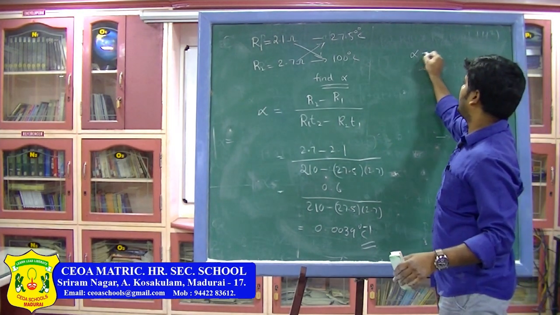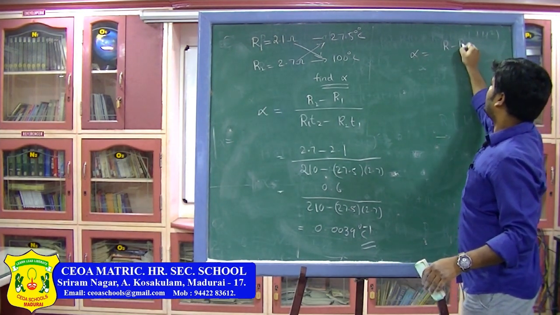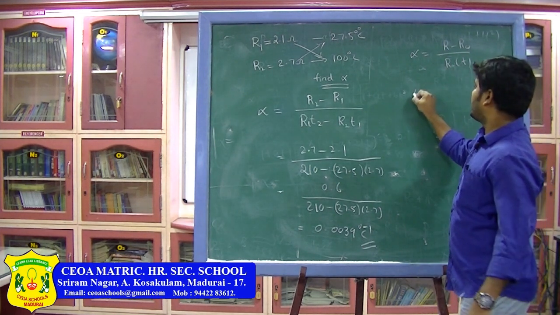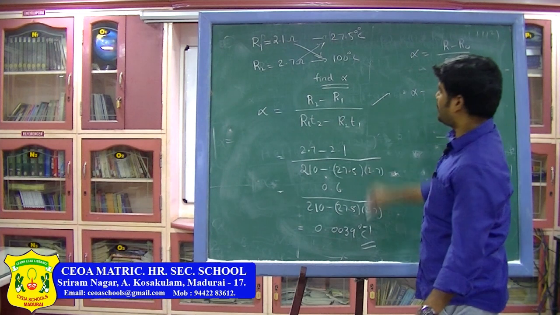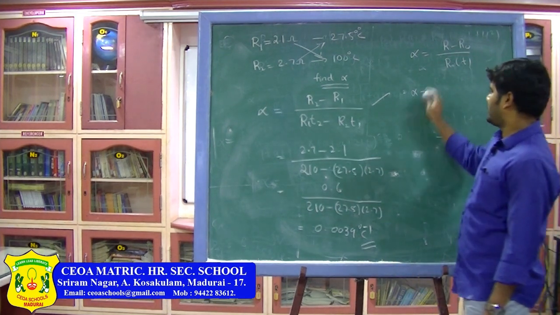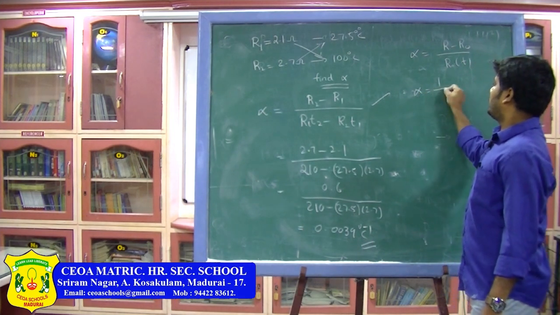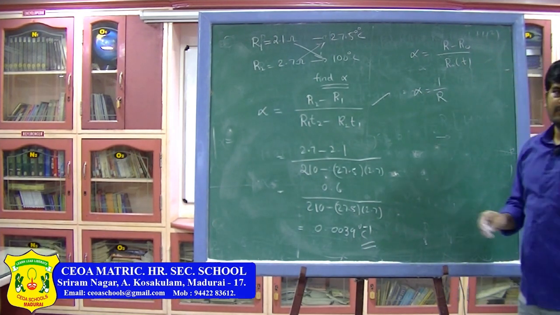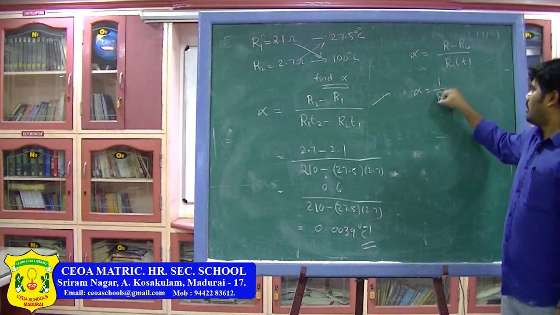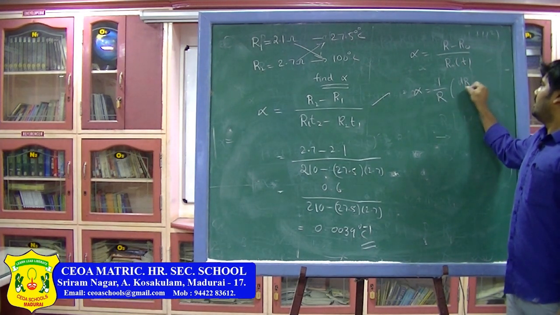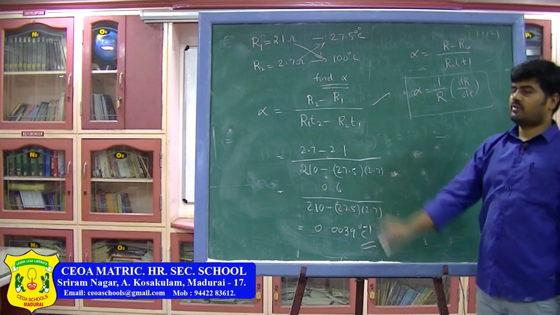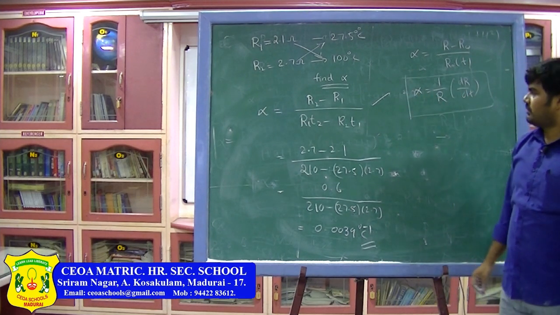First formula, alpha is equals to R minus R naught by R naught into T, and when two temperatures are given, this is the formula, that is R2 minus R1 by R1 T2 minus R2 T1. And another formula I told you is when resistance is given as a function of temperature, you can calculate alpha as 1 by R into dR by dT. So, these are different formulas for temperature coefficient of resistance, and that is all for today's class.